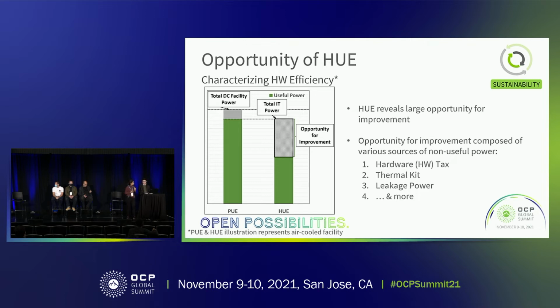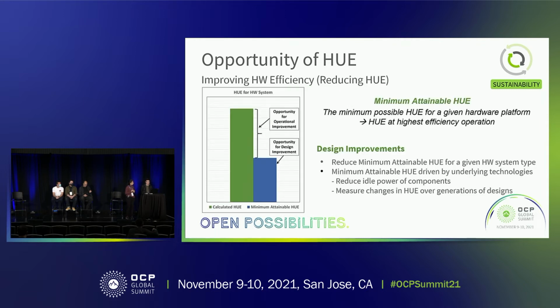On the HUE bar, the difference between the total height of the bar and the green section defines the opportunity that we have for improving our hardware efficiency. This opportunity is composed of a lot of different components, starting with the hardware tax, which is directly related to the idle power, the thermal kit power, which is the power consumed by our fans, the pumps, etc., leakage power, and so on.